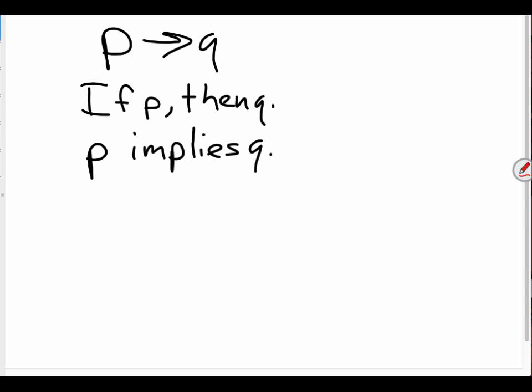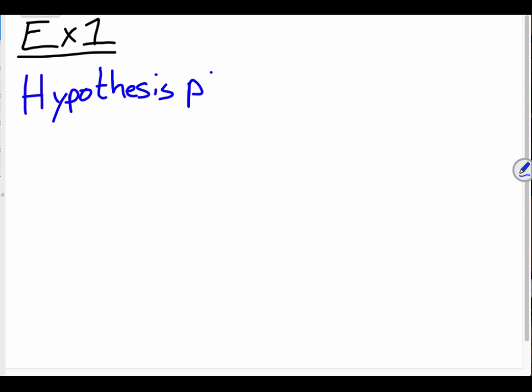So let's do example number 1. Are you guys ready? So now for example number 1, we have the hypothesis: the animal is a robin.